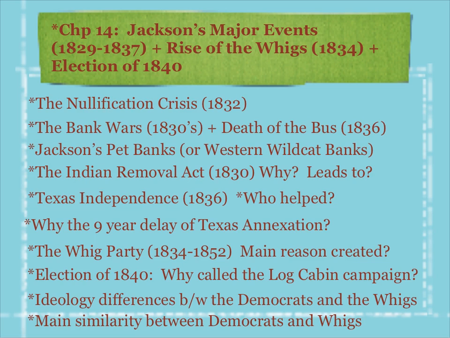They make poor decisions, and a lot of them actually go out of business later, which of course could lead to the Panic of 1837. All right, so that's some economic stuff.